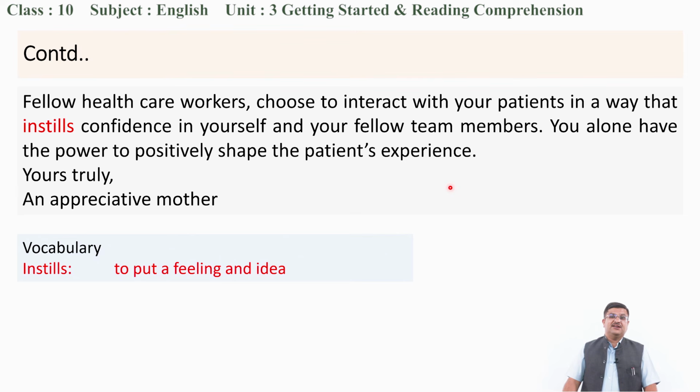So this is the letter written by an appreciative mother to all the healthcare workers on behalf of the patient's sick child. So what is her suggestion finally? Her suggestion to all the fellow healthcare workers is to be honest, to be serious, to be interactive with the patients, and be supportive with them and treat them in such a way that the patients feel very motivated, very happy and loved.